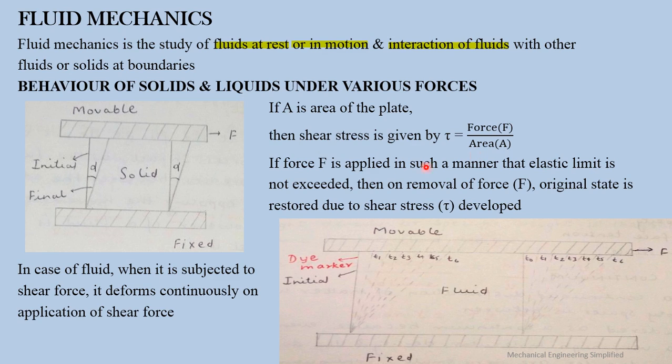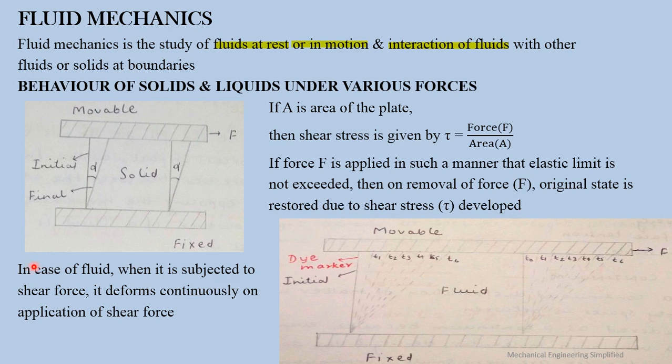If this force F is applied in such a manner that elastic limit is not exceeded, then on the removal of force F, original state is restored due to shear stress developed. That is in case of solid.